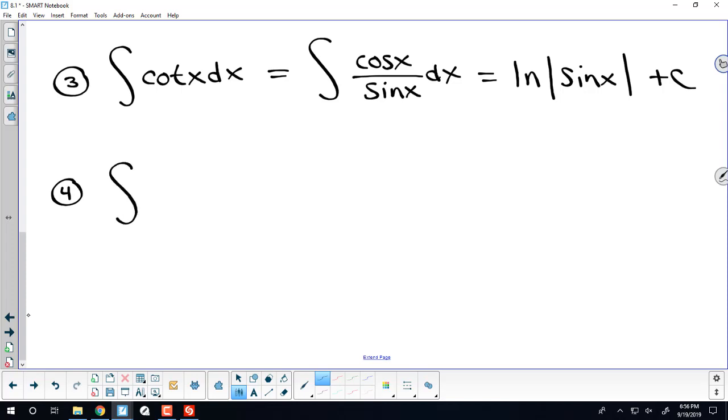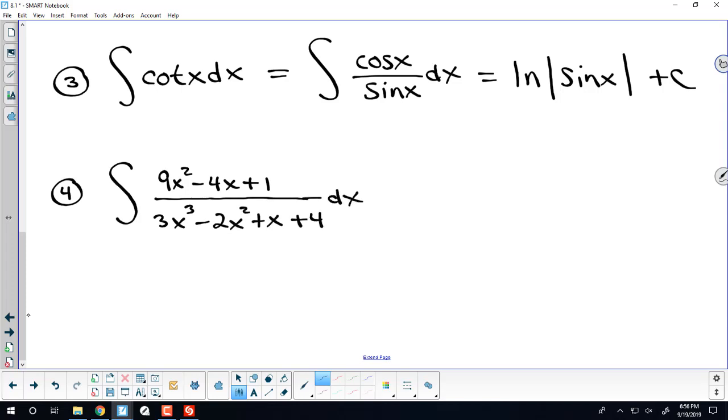So the antiderivative of 9x squared minus 4x plus 1 divided by 3x cubed minus 2x squared plus x plus 4. What would the antiderivative of that be?